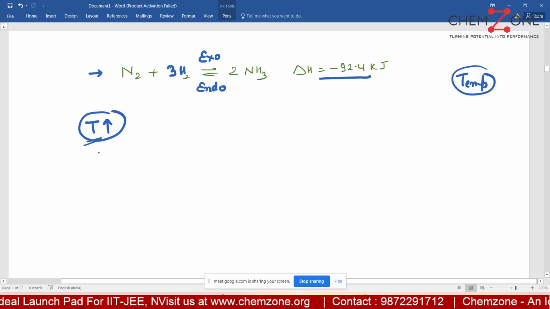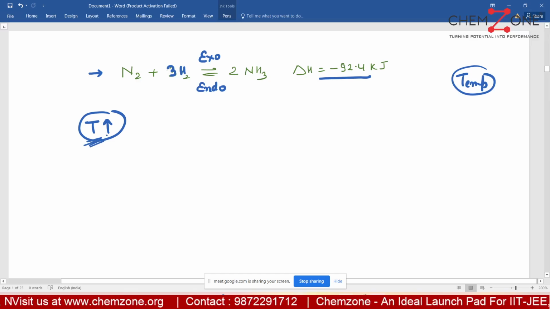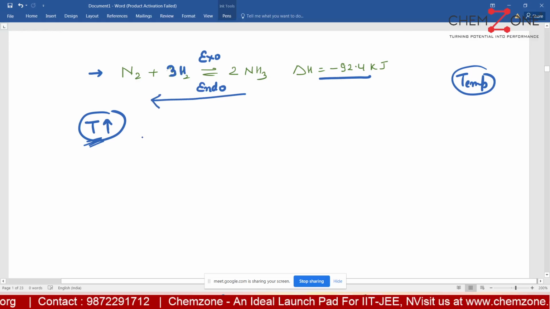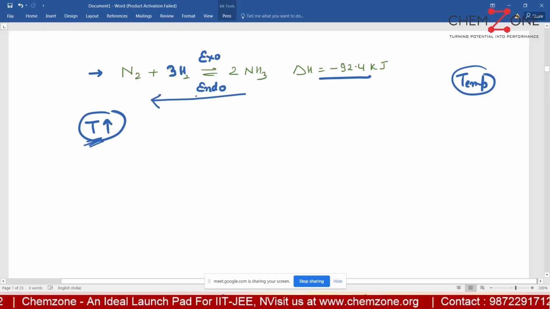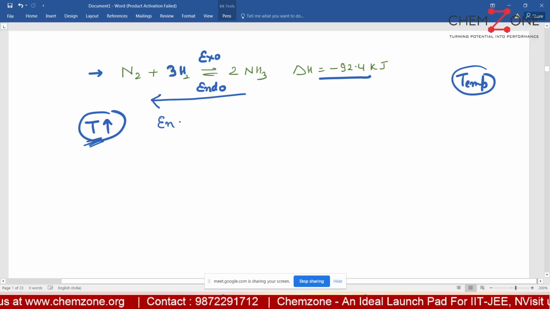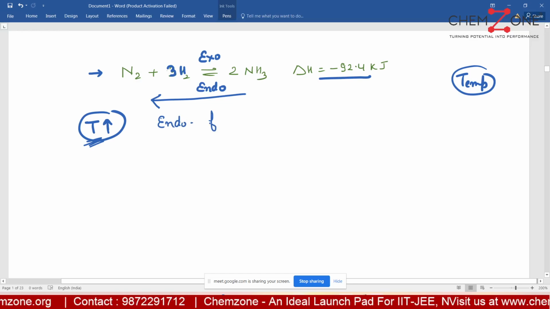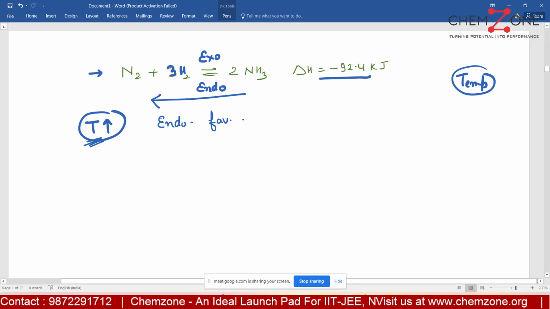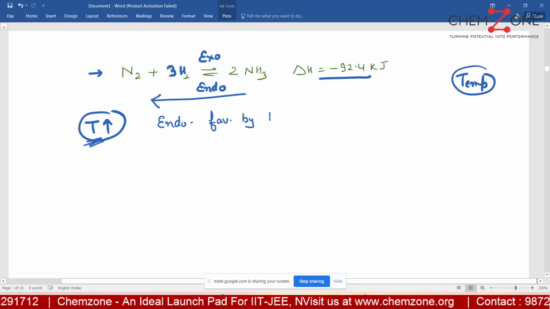This is because the additional heat we are giving is consumed in the endothermic process, and the reaction goes in the backward direction. So I can say endothermic reactions are favored by high temperature.